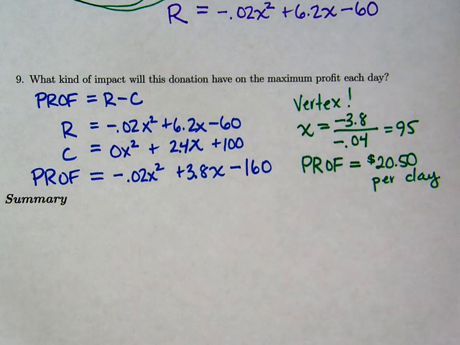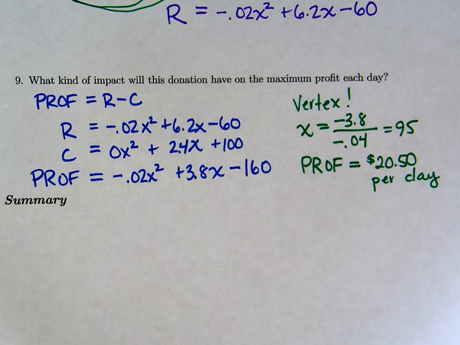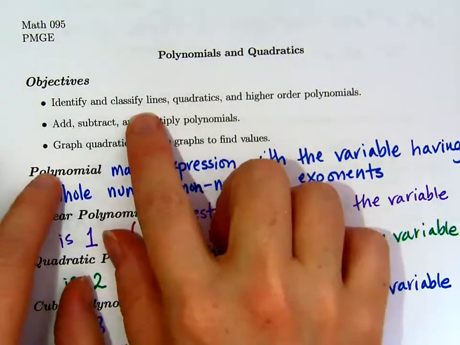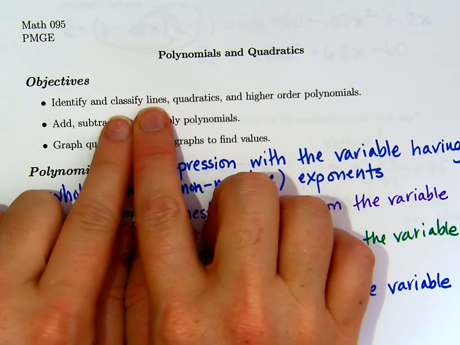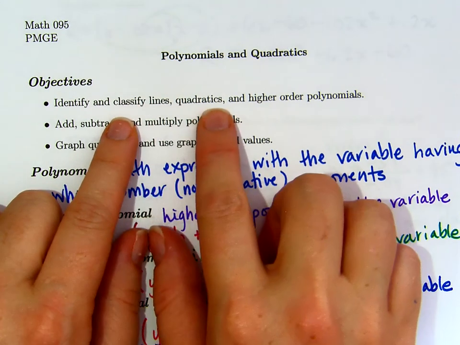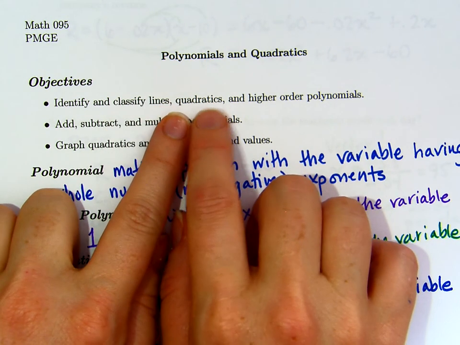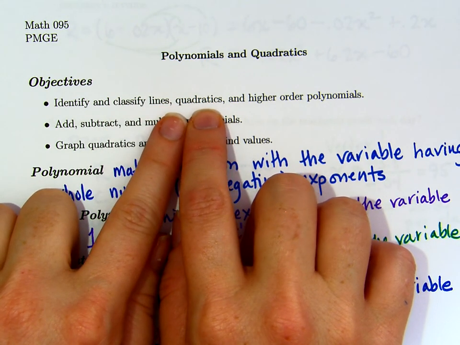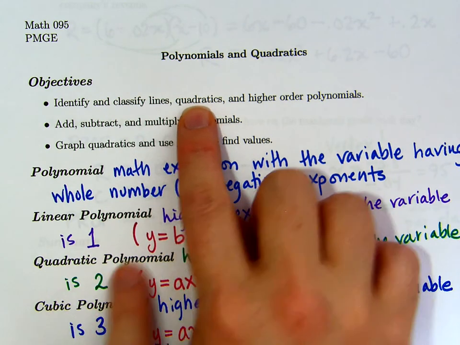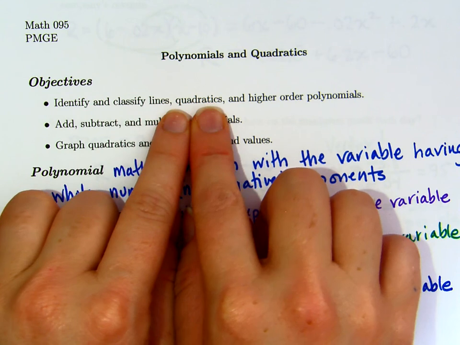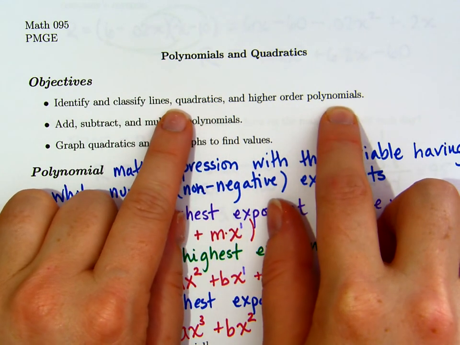All right, quick summary. Polynomials and quadratics. Sometimes we see linear correlations. Sometimes even when we multiply two lines, we get a quadratic. So we have a lot of second order applications, where the highest exponent is 2, and sometimes they're even higher than that.